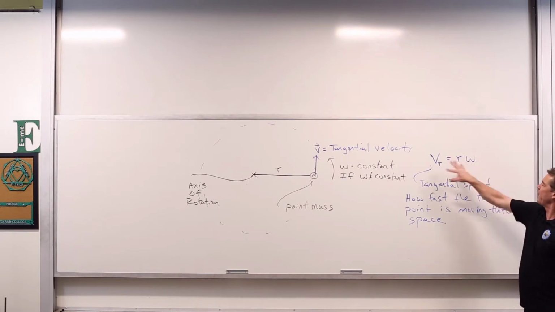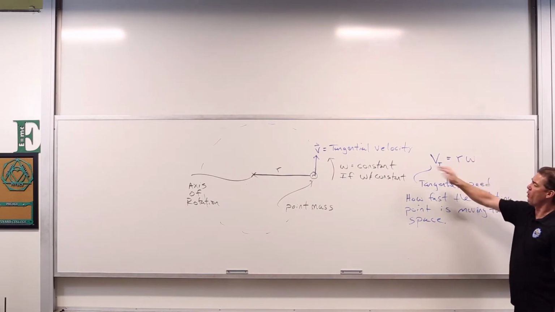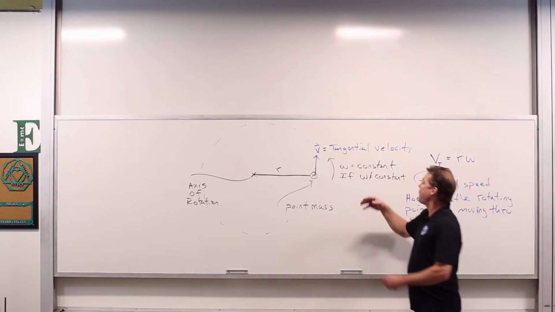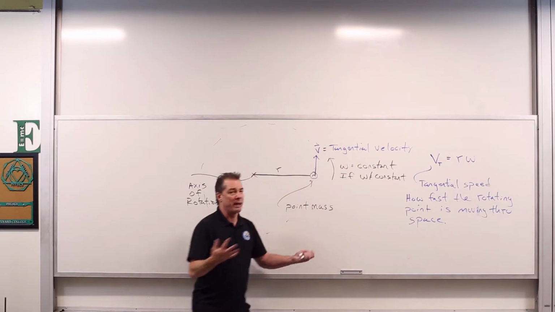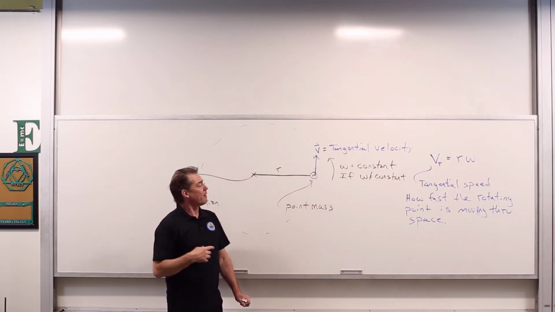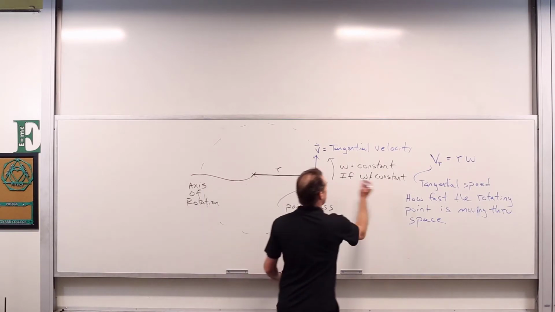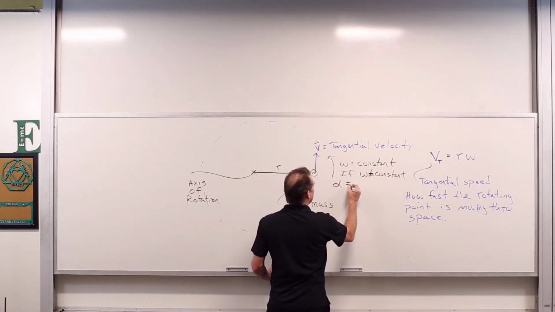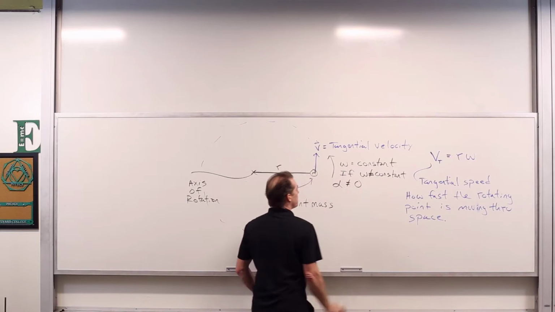So this is at really any given moment in time, regardless of whether omega is constant or changing with respect to time. If omega happens to be changing with respect to time, what do we have then? Well, then we have ourselves an angular acceleration. So if omega is not equal to a constant, alpha is not equal to 0.